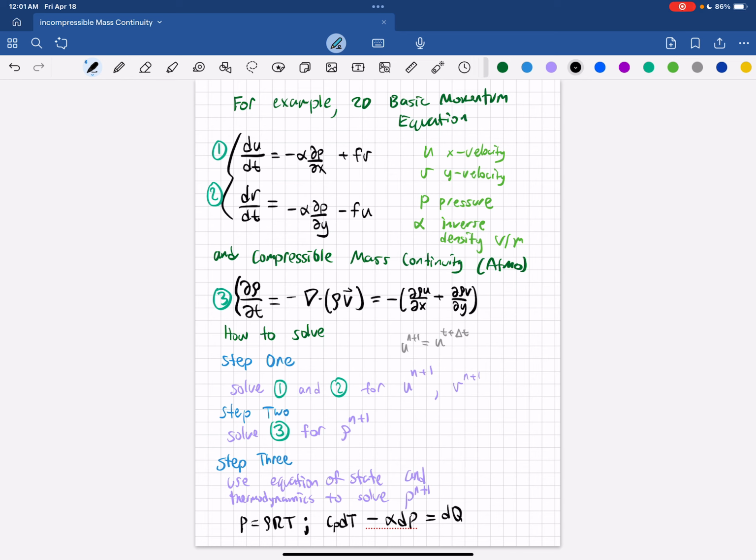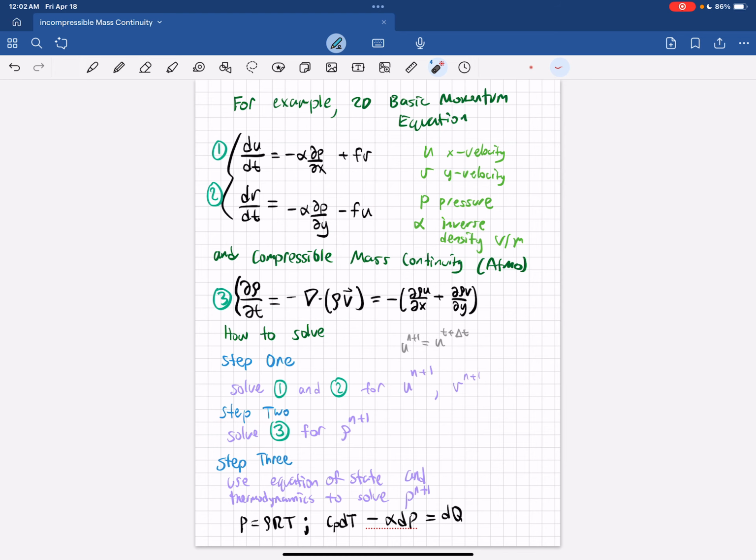Right. So the way to solve this is, step one, you solve these two equations individually for the next time step u, next time step v, and we're compressible, everything's fine. But now we need to update this term. Just note that this is the inverse of this, so they're essentially the same thing.